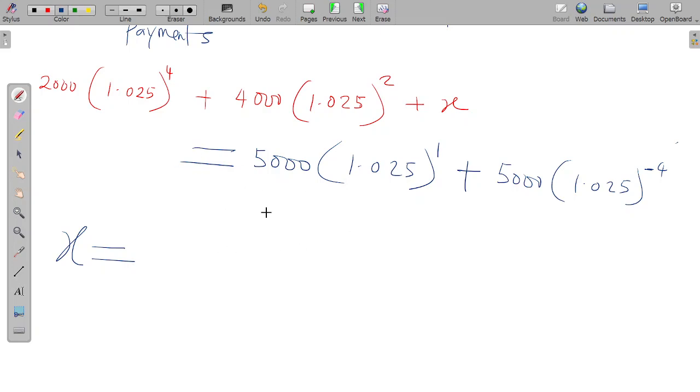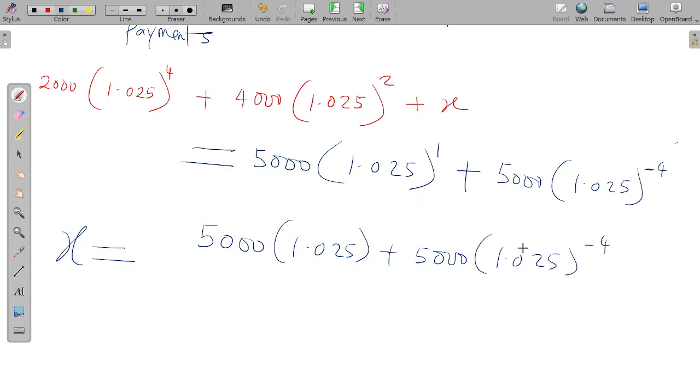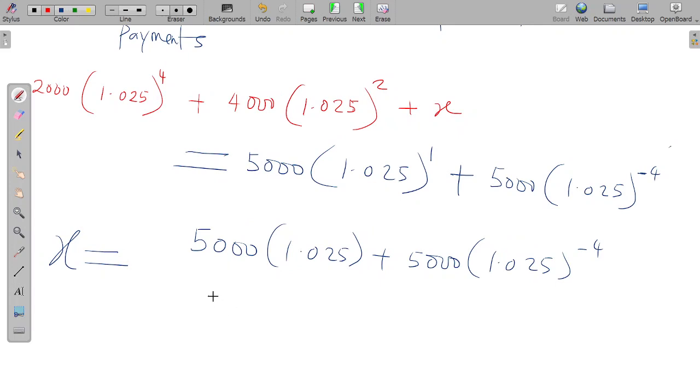Then we are going to have 5,000 times 1.025 plus another 5,000 times 1.025 raised to power negative 4, then minus 2,000 times 1.025 raised to power 4, minus 4,000 times 1.025 raised to power 2, and then we solve for that.